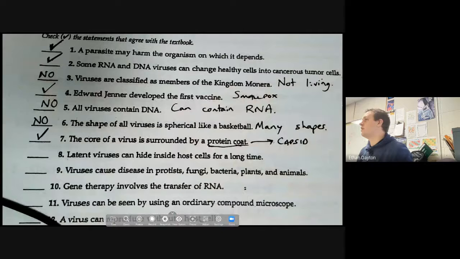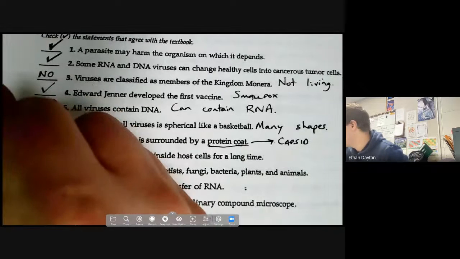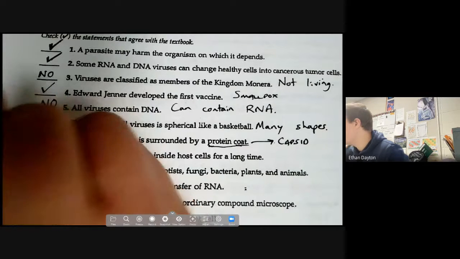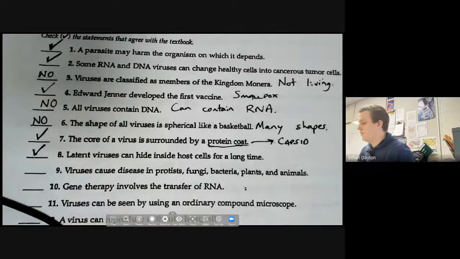Number 8. Zach, what do you think? Latent viruses can hide inside of themselves for a long time. True, yep. Viruses can infect a protist, fungi, bacteria, plant. This one we didn't really talk about, but we talked about tulips.